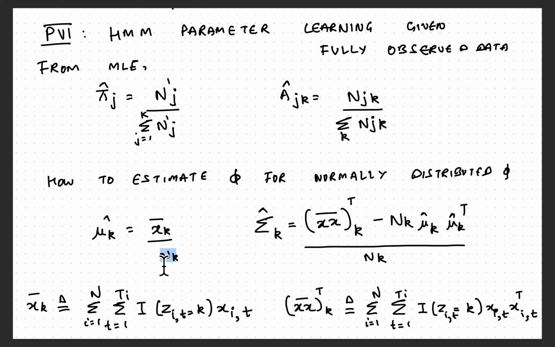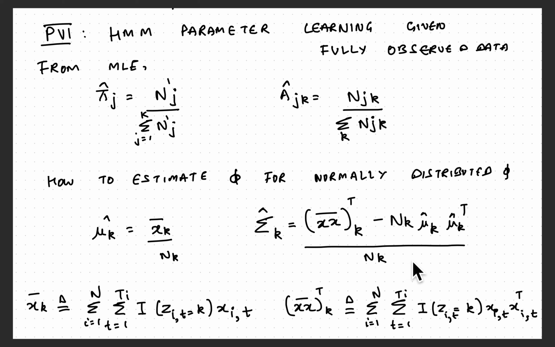On similar lines is the formulation for covariance sigma hat of k, which is given by this term xx bar transpose k minus nk times mu hat k times mu hat k transpose, divided by nk.